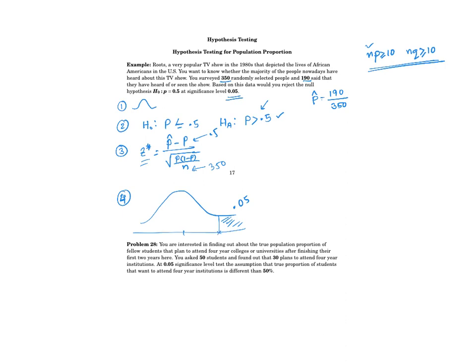Associated with an area of 0.05, there should be a Z value. This is 0.05, the area to the right. Now you need to find this value.